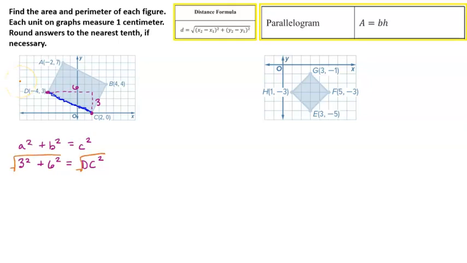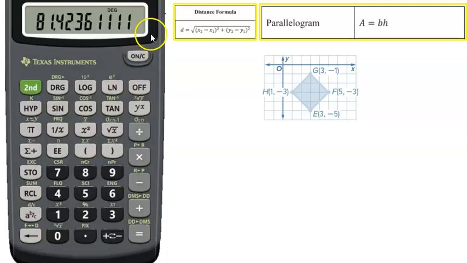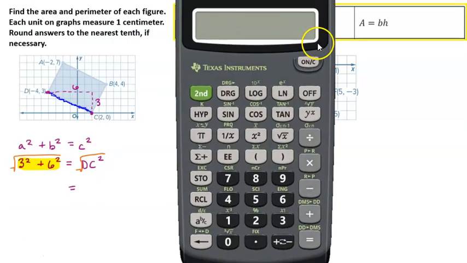So I love using Pythagorean theorem on these because they're way faster. And then I'm going to type this into my calculator, and I know that 3 squared is 9 and 6 squared is 36, but I'm going to type it anyway.